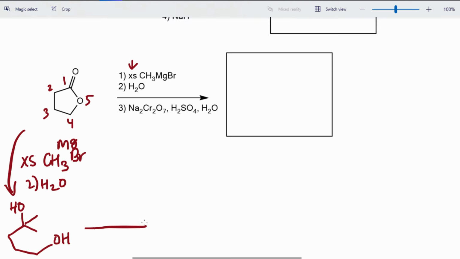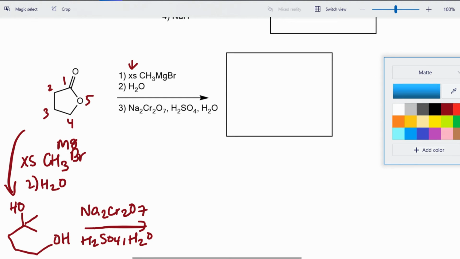Now, the final step is treating it with chromic acid. Na2Cr2O7, H2SO4, and water, H2O. You got to keep in mind that this reaction can only take place where there's either a primary or secondary alcohol.